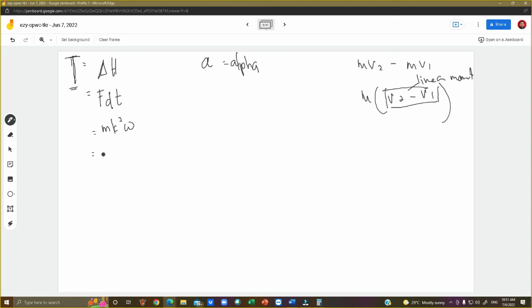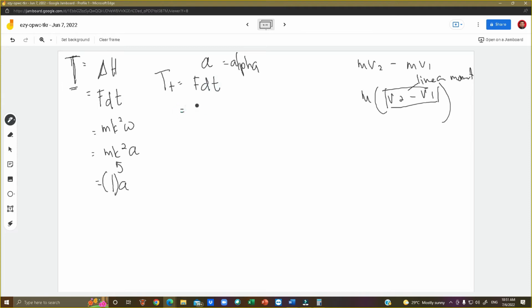And you can write it out as mk square alpha ataupun I alpha. Okay, I ni moment of inertia mk square. Ni derivation dia. Jadi sampai sini apa yang kita dah jumpa? We find this one. Torque equals to FDT.